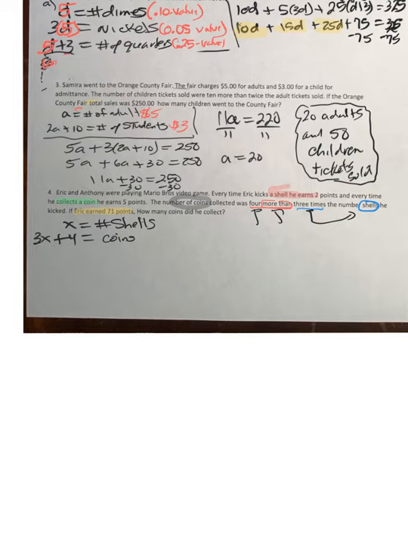So I used X for shells. A shell earns him 2 points, and if he collects a coin, he gets 5 points for every coin. So 5 points for every coin, 2 points for every shell that he kicks. So this is called defining our variables.